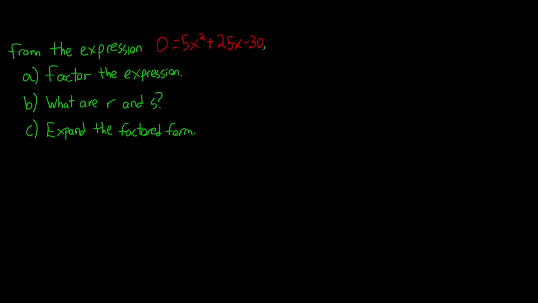Okay, so now that leaves us with example C. So we're going to start from 0 is equal to 5(x minus 1)(x plus 6), and we want to expand the expression to see what happens to it. So how do we expand this expression? Well, you might remember it's a combination of foiling and the distributive property. So we're going to start by foiling these here. So remember, foiling goes firsts, outsides, insides, and lasts.